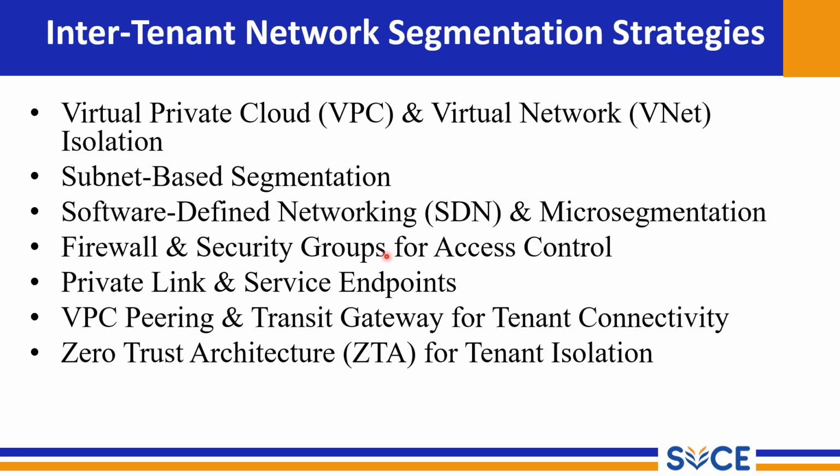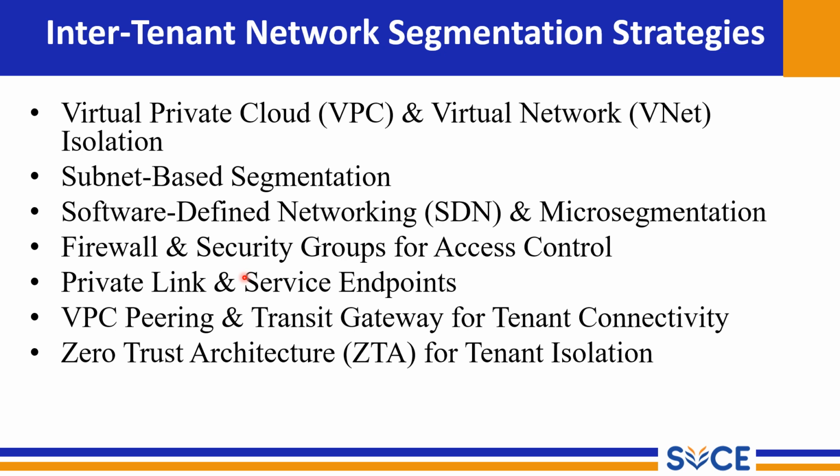And next one, VPC peering and transit gateway for tenant connectivity. VPC, that is virtual private cloud peering, enables private communication between two virtual private clouds. Suppose, for example, I'm in India and another person is in the UK, and I want to communicate with them using the virtual private cloud, I can access it through peer-to-peer communication.